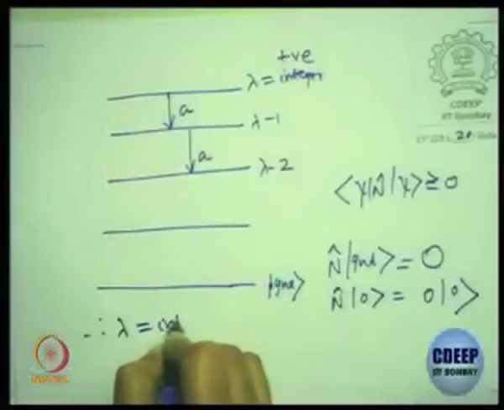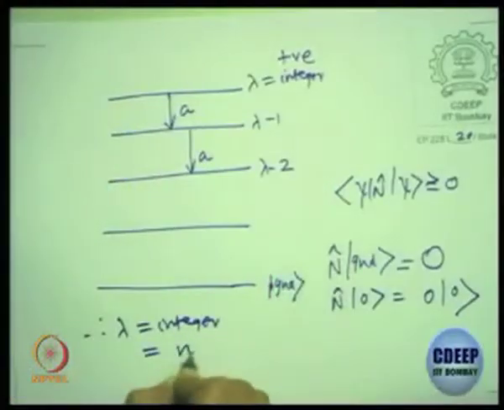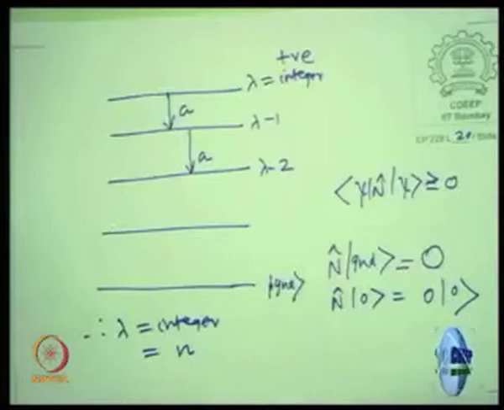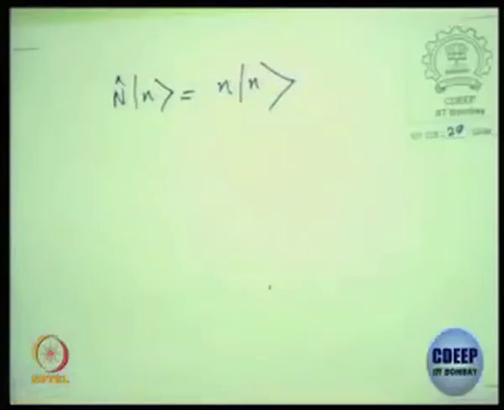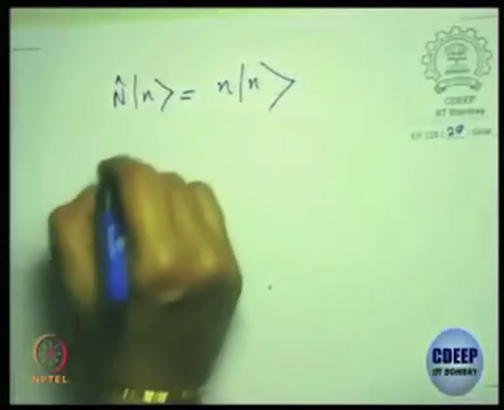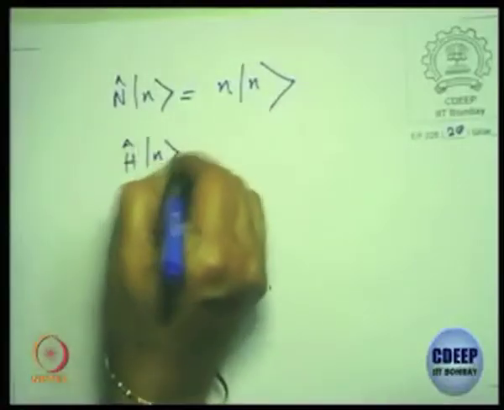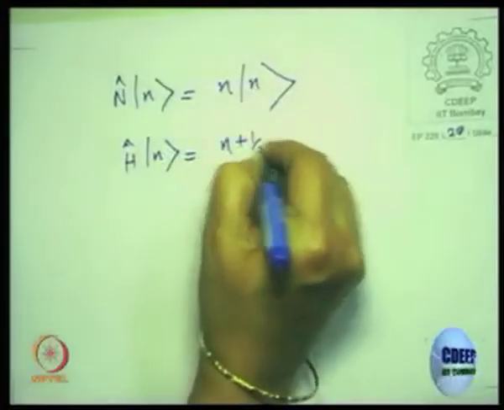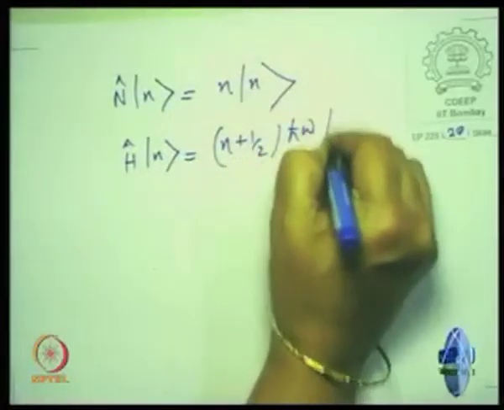So therefore, lambda is an integer which we will denote by some n, and write our states as n hat on n is n times n, and Hamiltonian on n is n plus half times h cross omega on n.